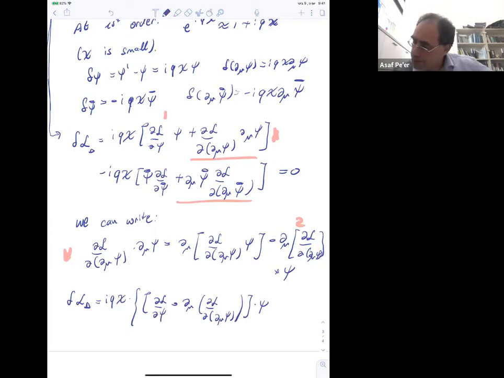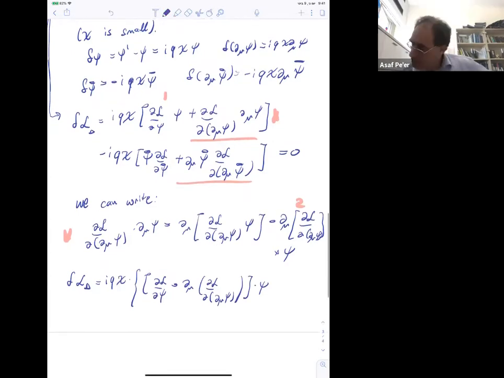And now the last term, that is plus d_mu of dL over d(d_mu psi) times psi.